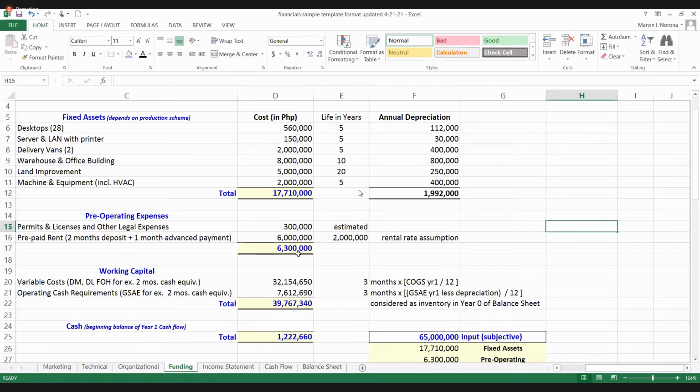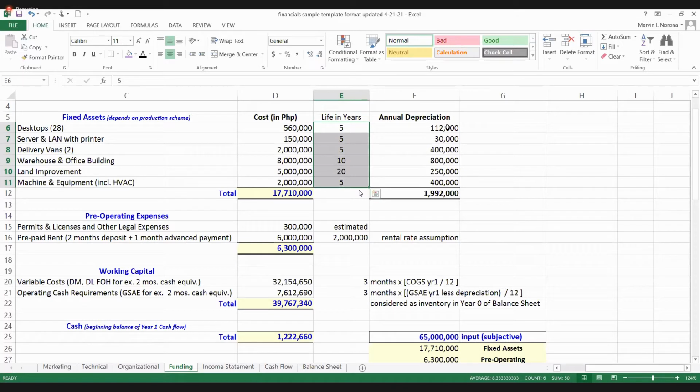Okay, so may total kayo bawat item. I just would like to mention na from the fixed assets, you can generate a schedule of annual depreciation by dividing the fixed asset cost by the life in years.